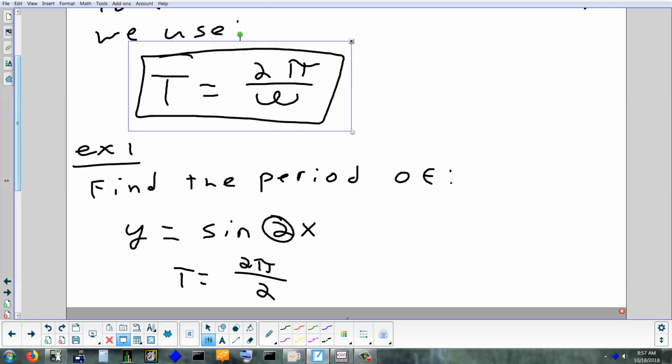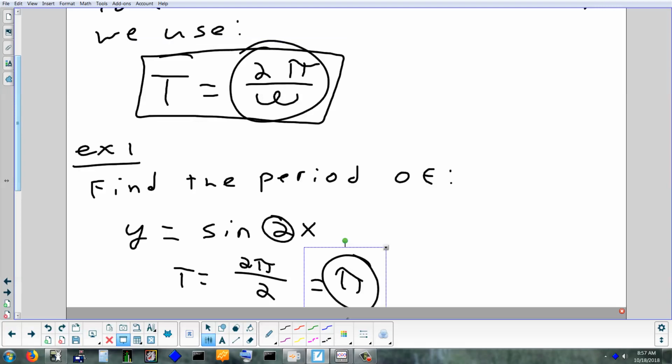That's omega. It's part of the formula to find the period. But you have to make sure you do this calculation. That's the period. What's 2 pi divided by 2? Pi. So what we're saying is if you draw sine 2x, it'll do a full cycle by the time it gets to pi. Versus the original would have needed to go how far to do a full cycle?